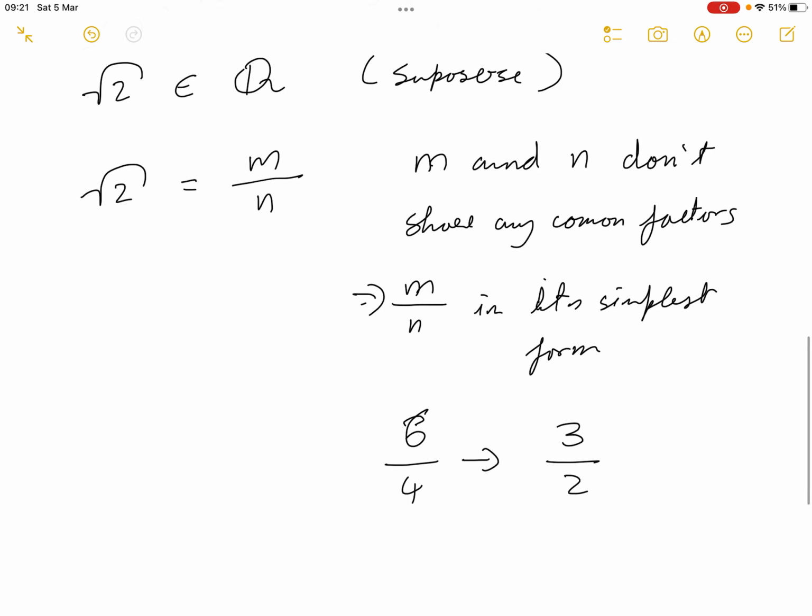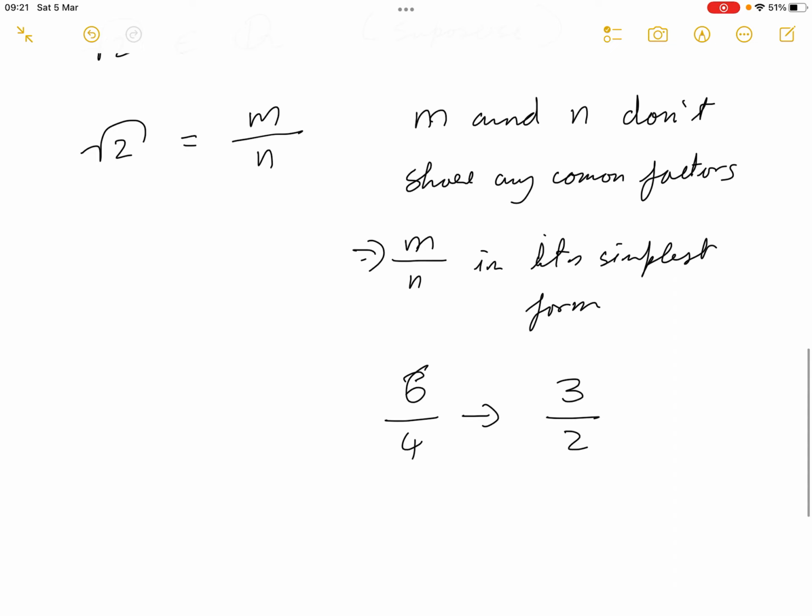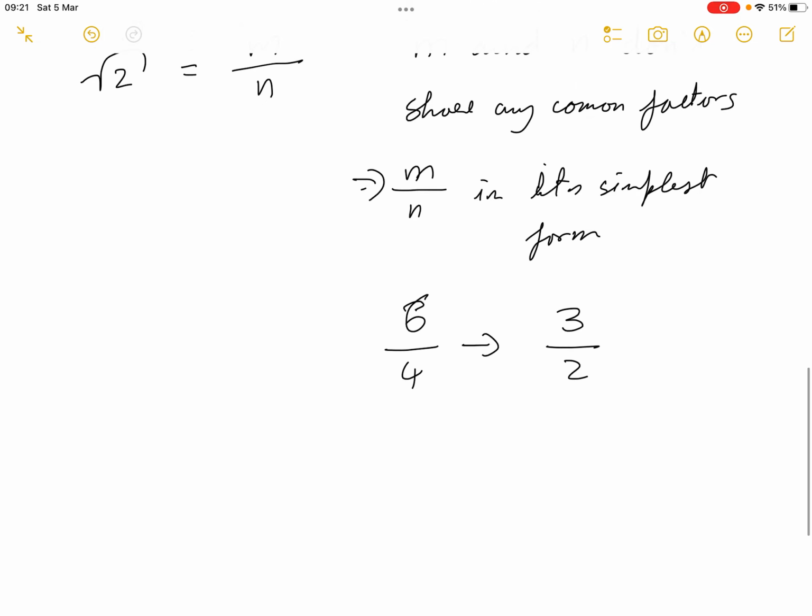Okay, so to make this contradiction happen, one way we could do it is by showing that m and n do have to have a common factor, in which case it can't be written in the simplest form. And as we can see, all fractions can be written in the simplest form.